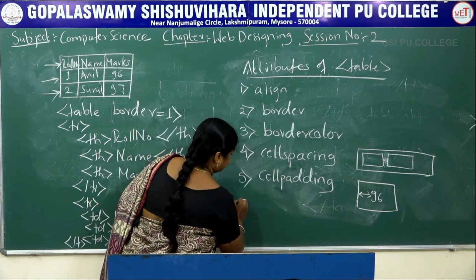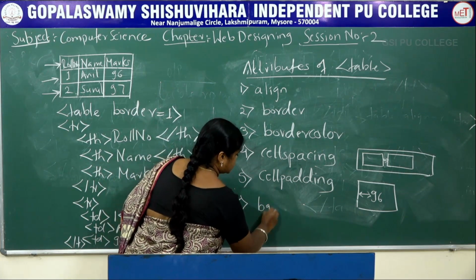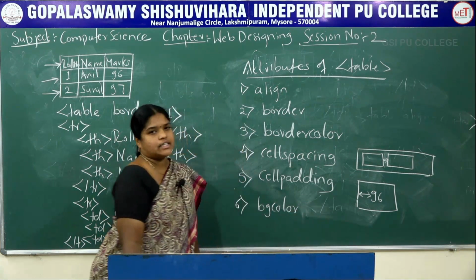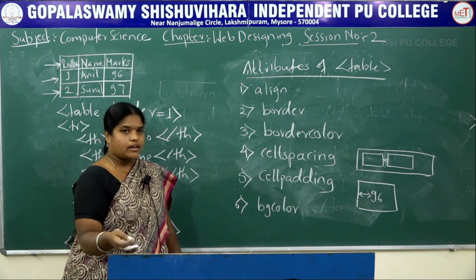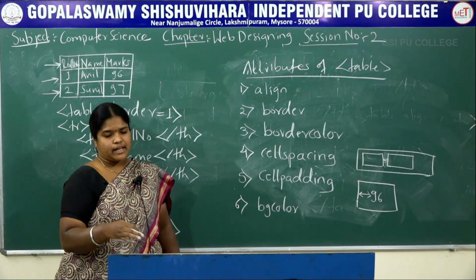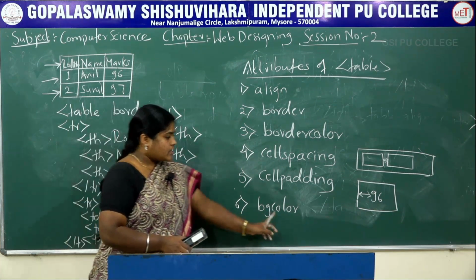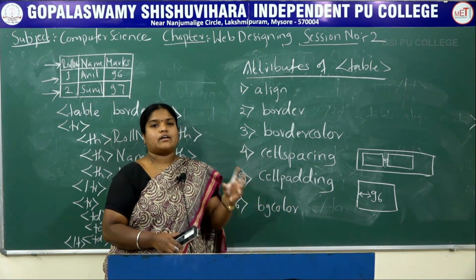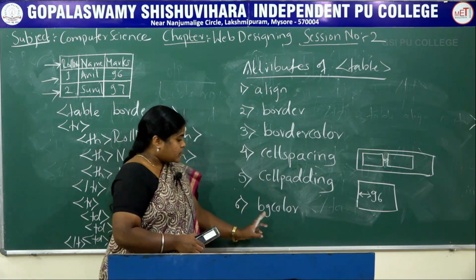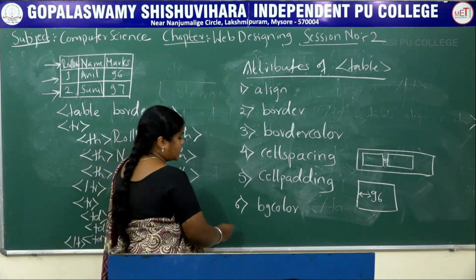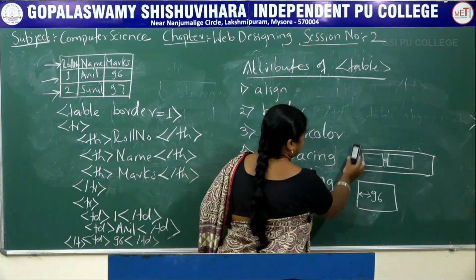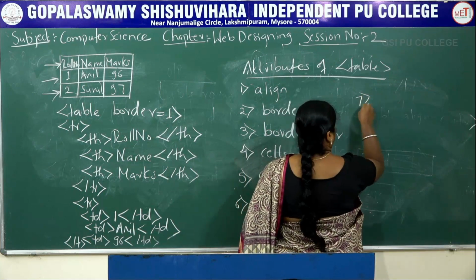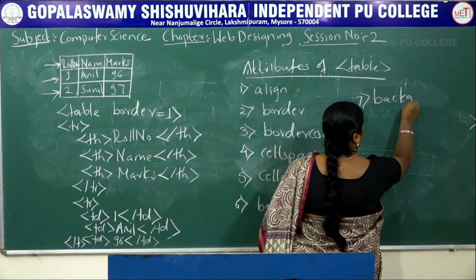The next attribute we are going to see is BG color. BG color means you can apply a particular color as a background for the table tag. As usual, you can specify the color name directly or you can specify the exact code for that color. The next attribute is background.